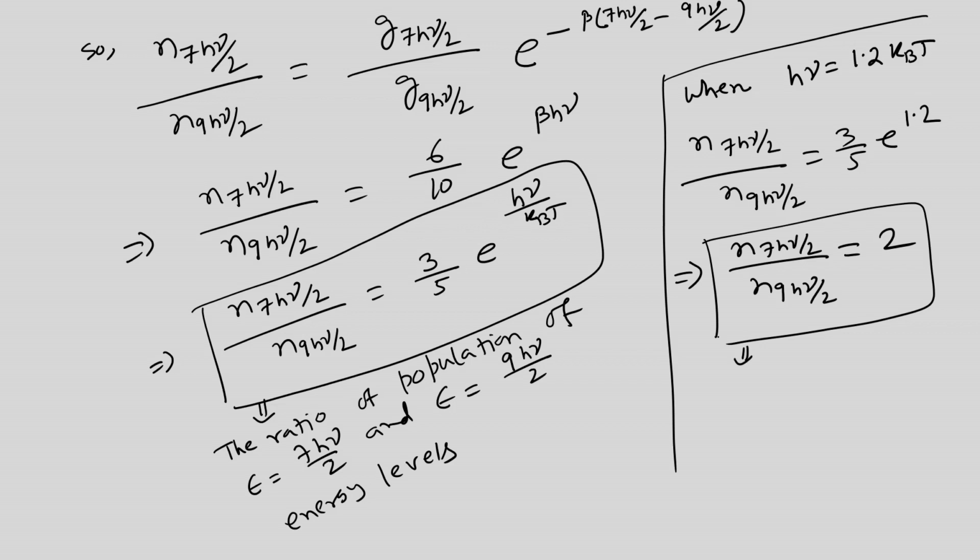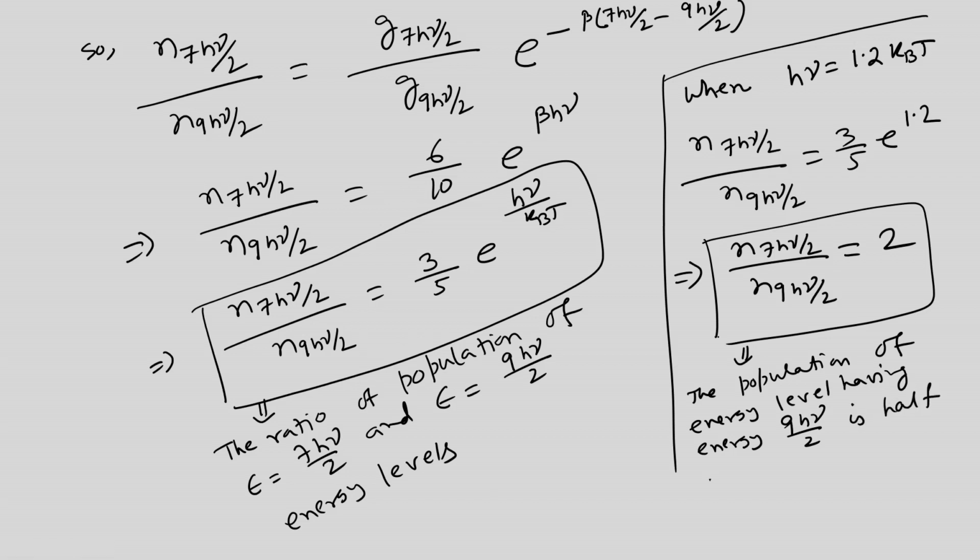So, this is the second part. It says that the population of the energy level having energy 9 h nu by 2 is half of that for energy 7 h nu by 2. Thank you.